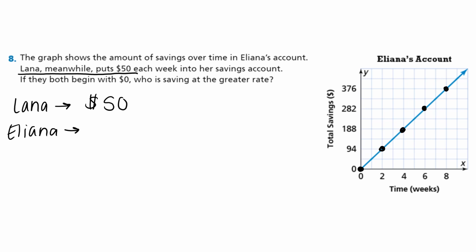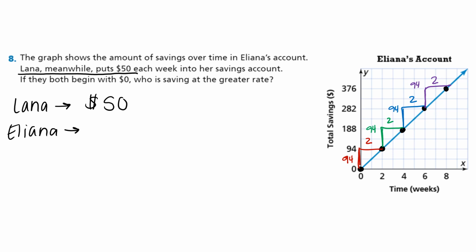Finding our pattern, 0 to 94 would be $94 for 2 weeks. 94 to 188 is also $94 for 2 weeks. 188 to 282 is $94 for 2 weeks. And the last pattern, 282 to 376, is $94 for 2 weeks.